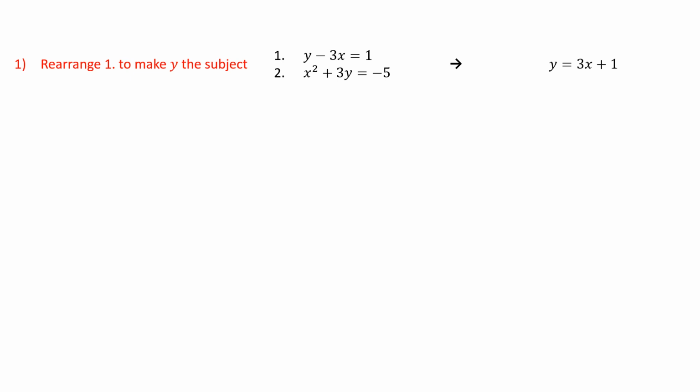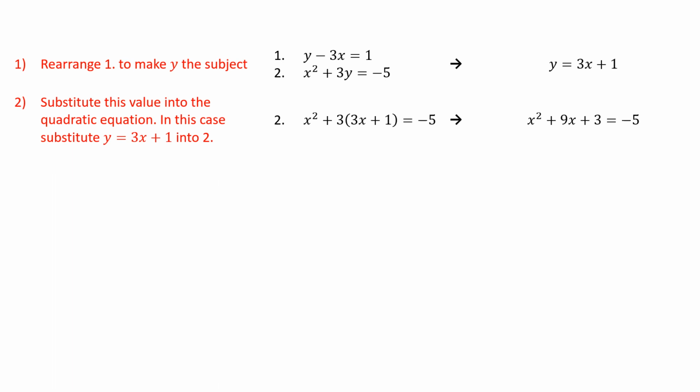To do this, we're going to take equation 1 and we're going to rewrite y in terms of x. When we do this, we get that y is equal to 3x plus 1. And we're going to plug this into the quadratic equation. So when we do this, we are going to get x squared plus 9x plus 3 equals -5.